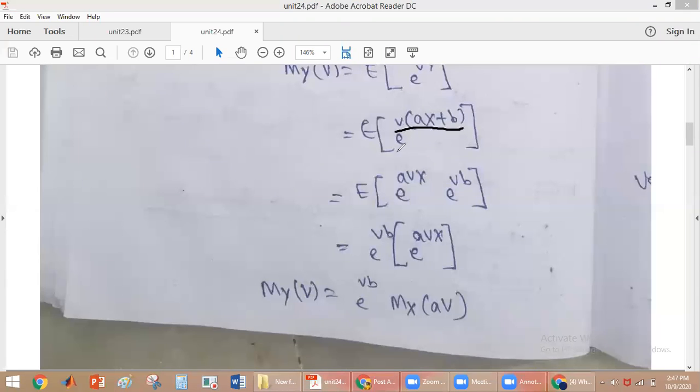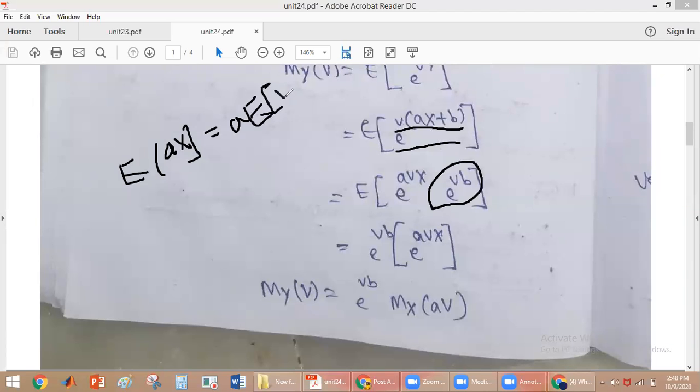Now we write this exponential separately. If we write it separately, we get e power avX and e power vb. Now e power vb is a constant, no? From the properties of expectation, we know that the expectation of aX will be equal to a into the expectation of X. So if you have any constant, we can take that constant outside.